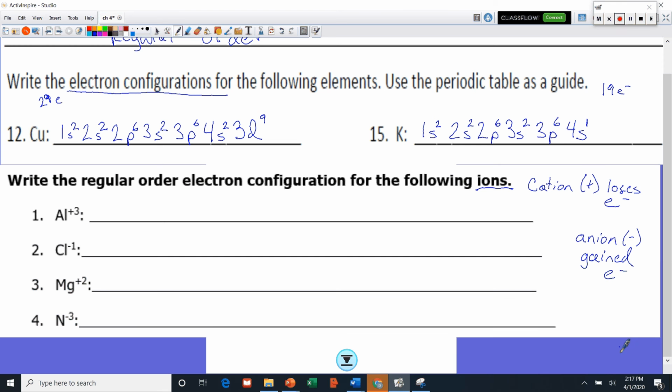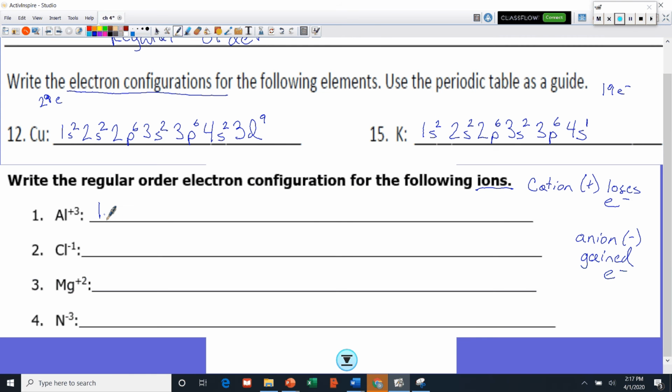All right. So when we're looking at these for aluminum, again, we're going to be losing 3 electrons. So what I would do is write out my standard configuration for aluminum. I'm going to do aluminum for you and then let you try the rest on your own. So aluminum is in the 3p block.